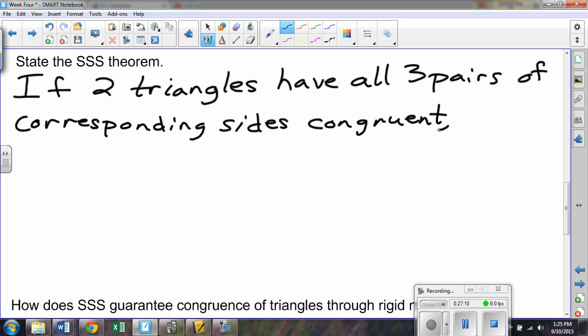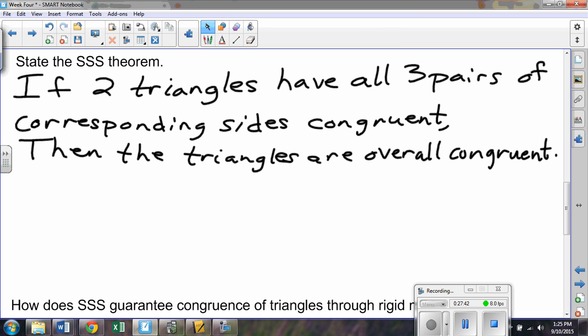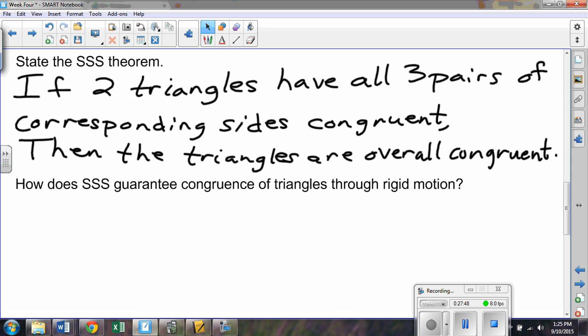Of course, it's called side, side, side, so we can look at it and it tells us exactly what we need. Pair of sides 1, pair of sides 2, pair of sides 3. There we go. If we have all 3 pairs of corresponding sides congruent, so 3 pairs that match up, 3 pairs that would be the same length, that tells us the triangles will be overall congruent.